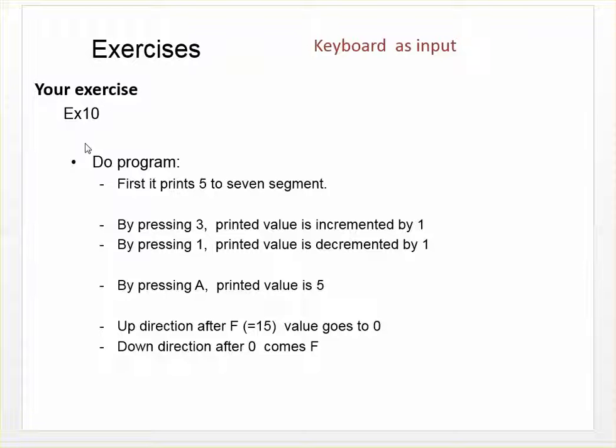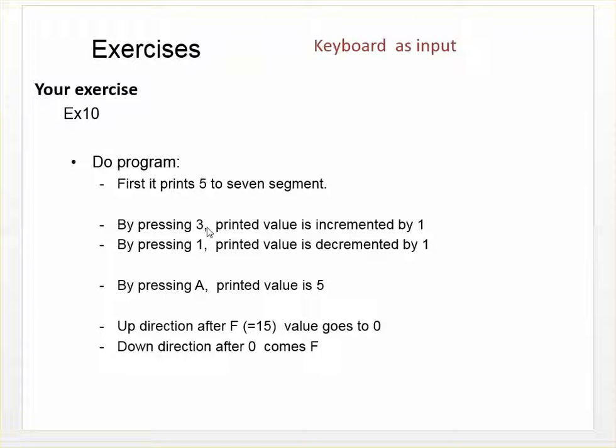Here's exercise 10. Now let's do a small, simple user interface. In this exercise, first you have to print number 5 to the 7 segment display. Then if we press number 3, the value in the 7 segment will be incremented by 1, and if we press number 1, it will be decremented by 1.